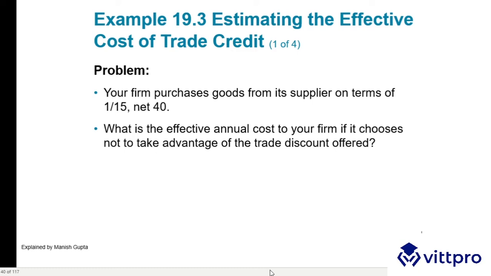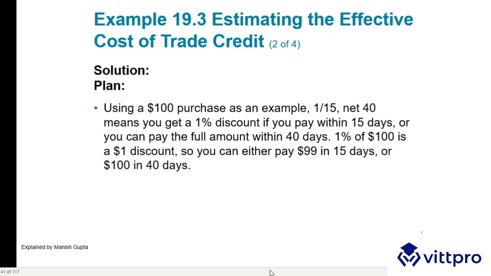So what is the cost of it? Using a $100 purchase as an example, you get a 1% discount if you pay within 15 days, or you pay the full amount in 40 days. Either you pay $99 in 15 days or you pay $100 in 40 days. So basically you are getting a $1 credit for 25 days.